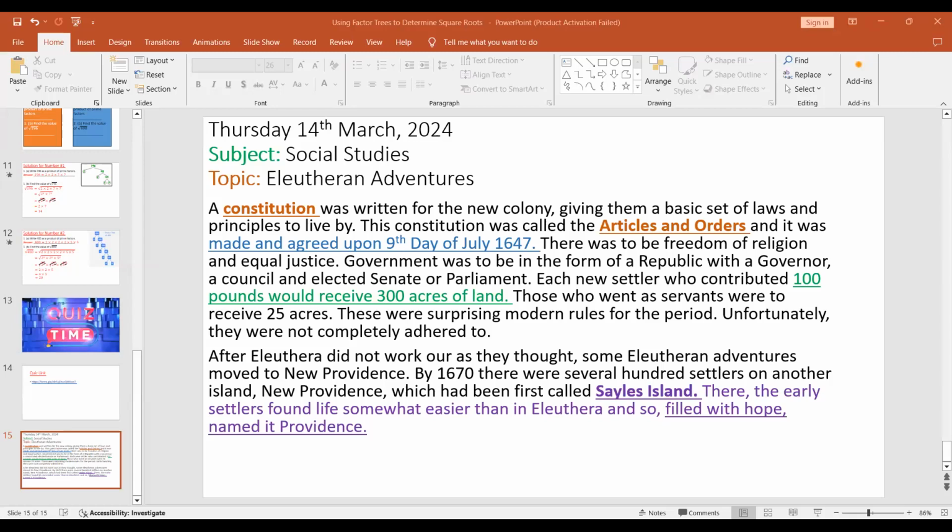Okay. So it's like the place was so much better than Eleuthera, and it had what they needed, right? If you think about providence, you think about the word provided. The land provided for their needs, and so they called it Providence, because it was a place whereby their needs were met.